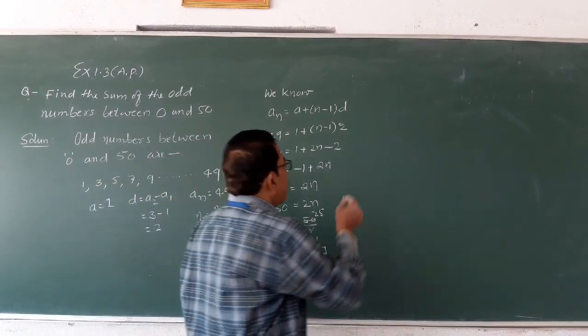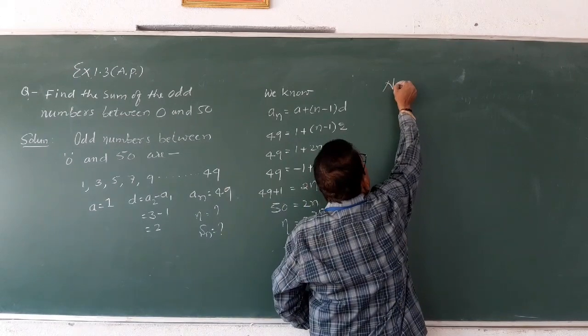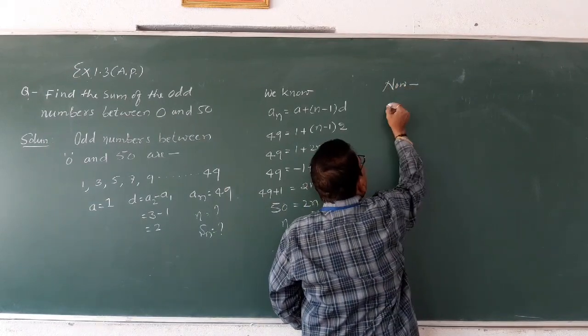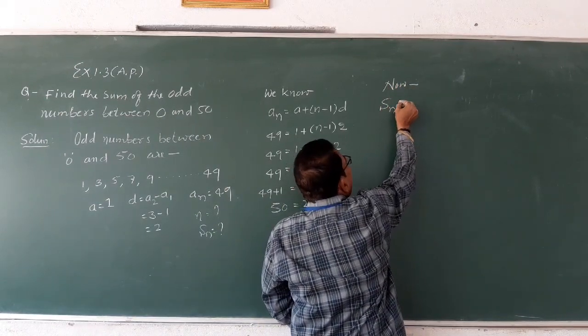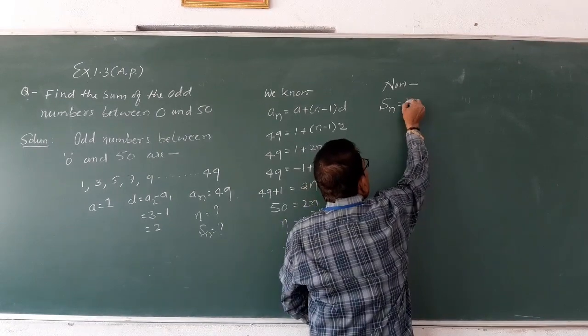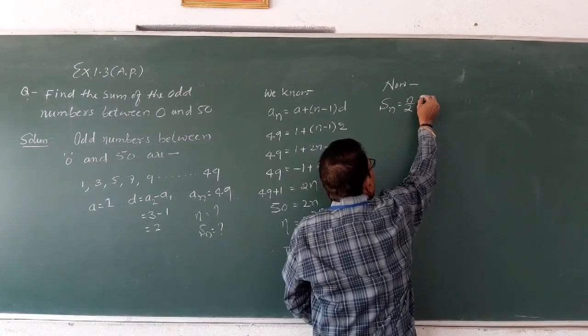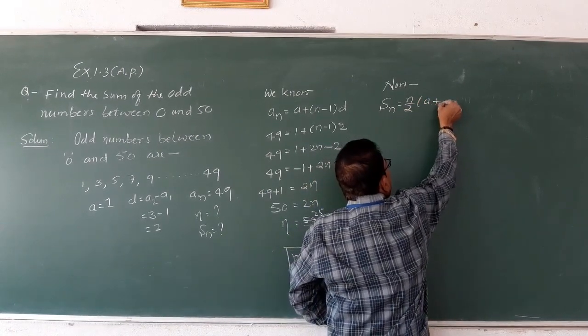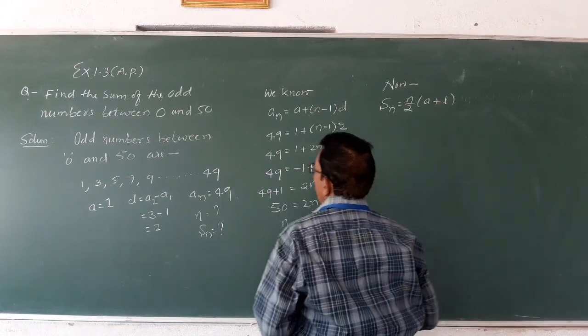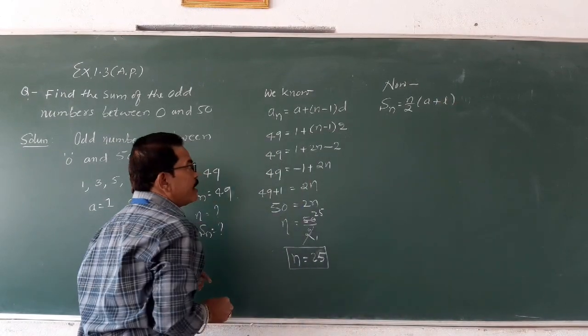Therefore, Sn equals n by 2 in the bracket a plus l, because the last term is given, that is 49.